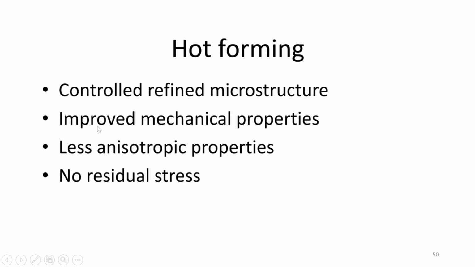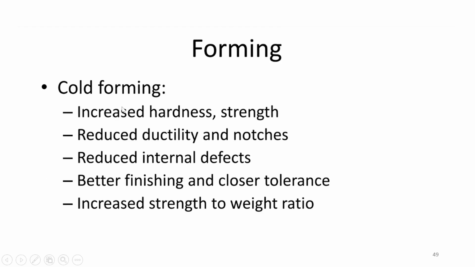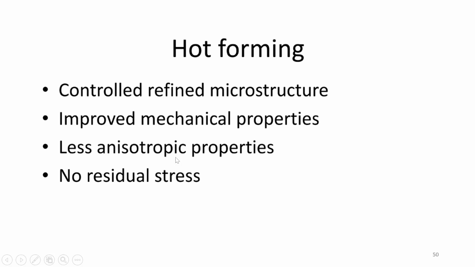It will have improved mechanical properties compared to cold forming, and less anisotropic properties. There will be a cellular type of structure in cold forming, which won't be there in hot forming because you are getting dynamic recrystallization, and there is also no residual stress.